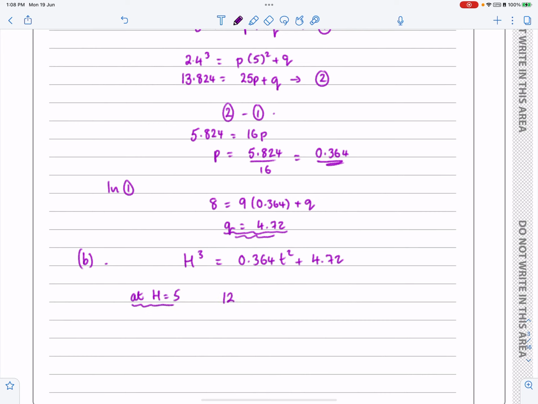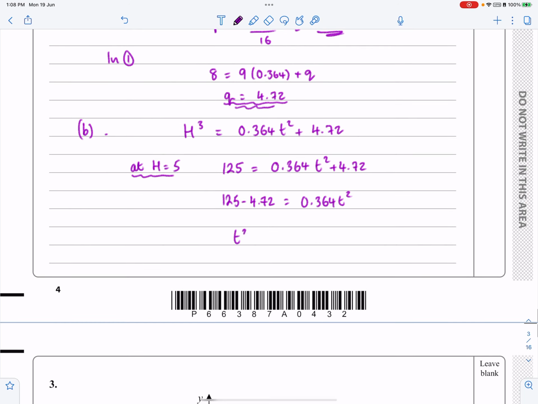So I'm going to get 125 is equal to 0.364 T squared plus 4.72. So 125 minus 4.72 is going to equal 0.364 T squared.